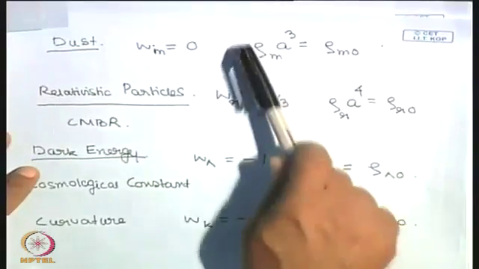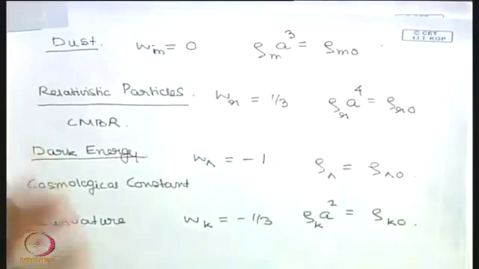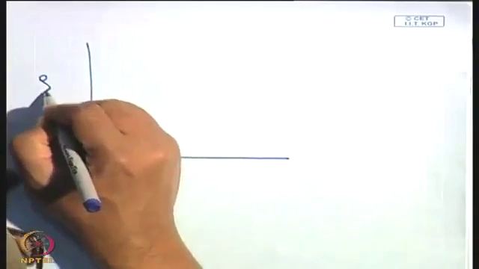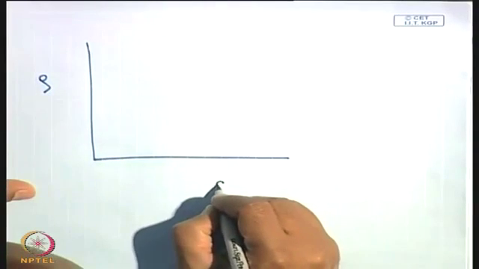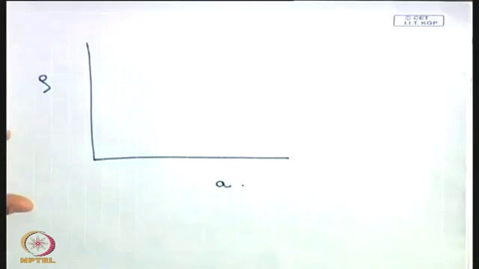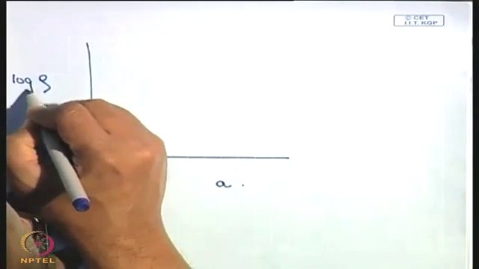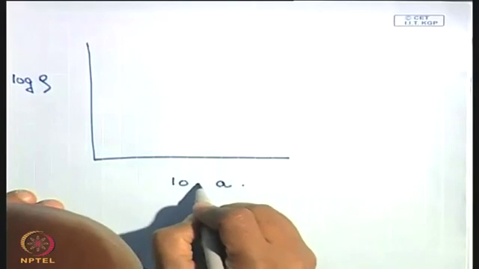So, let us try to get a feel for what the general behavior is going to be when I have a combination of all 4 of these. Let me make a plot of the contribution to the density in each of these components as a function of the scale factor, and let me make the plot in the log scale. So, this is log rho, this is log a.